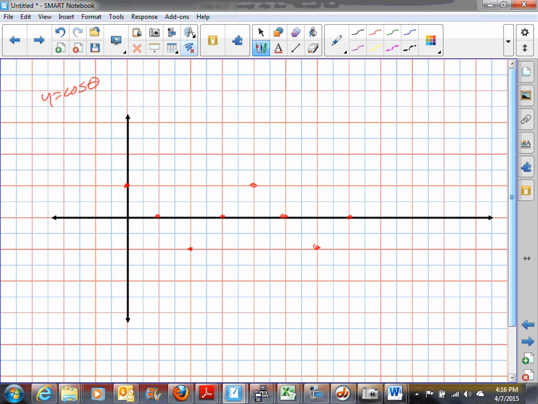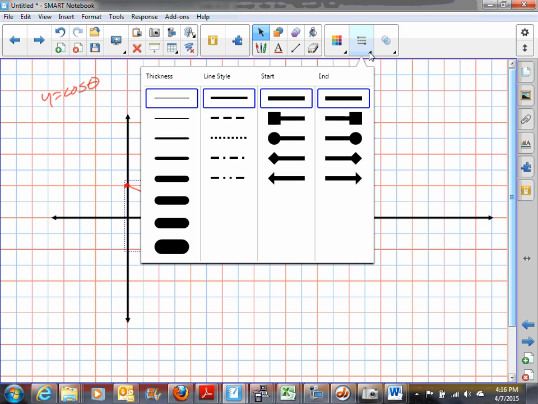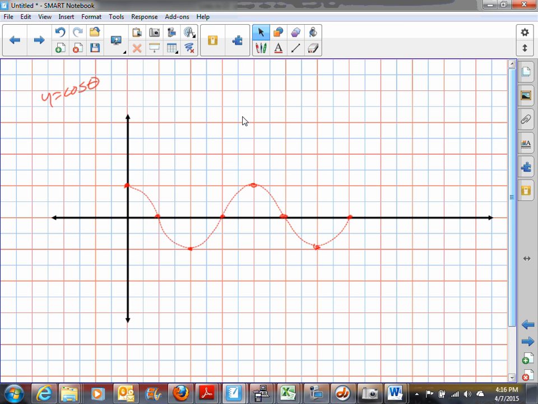And so we have a cosine graph that looks something like that. Now, at this particular point, let's just go ahead and make that dotted.